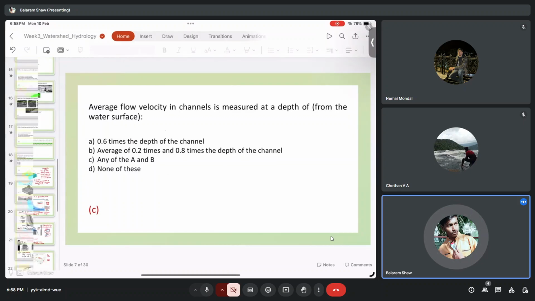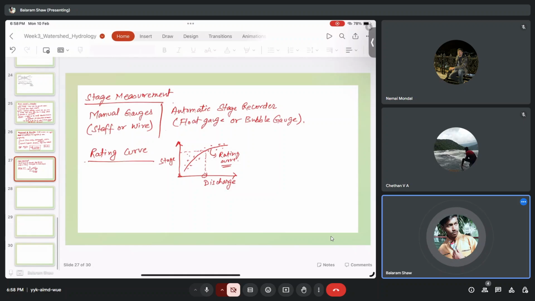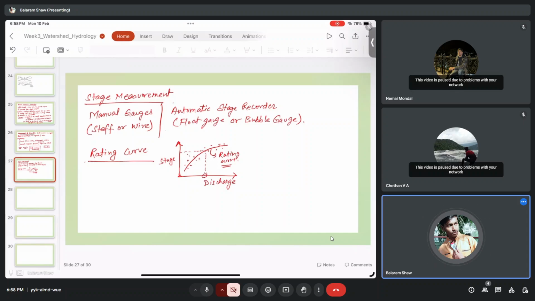Next, after this, we have the area velocity method. As I said before, mostly for the stream flow that we are measuring, before measuring that we measure stage or velocity, and then using some of the things we can get to the stream flow. Stage measurement we have finished. Now we'll see the velocity area method.